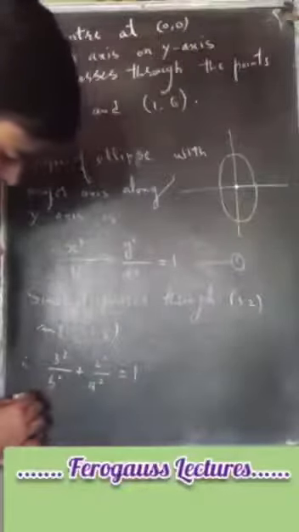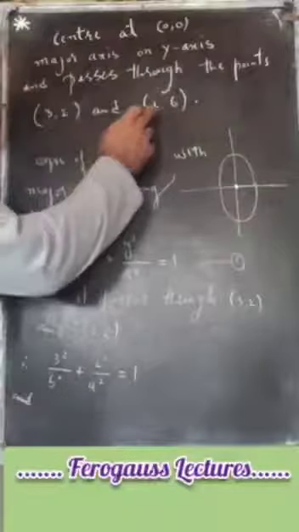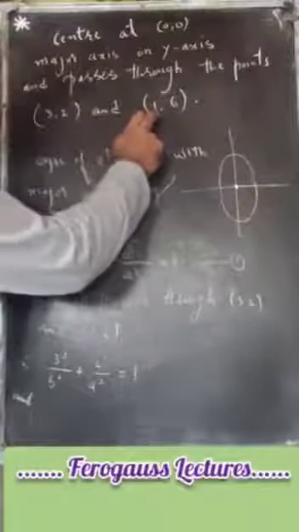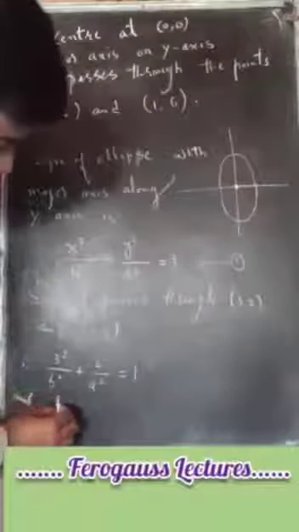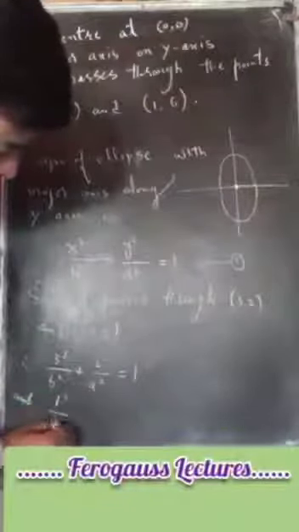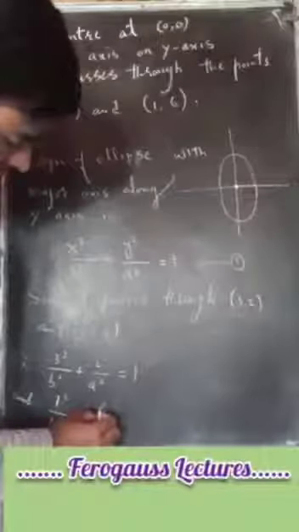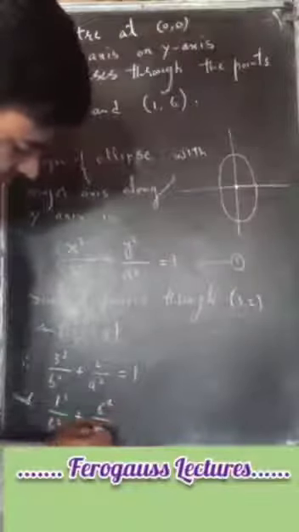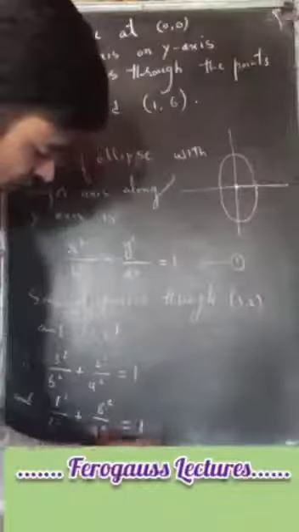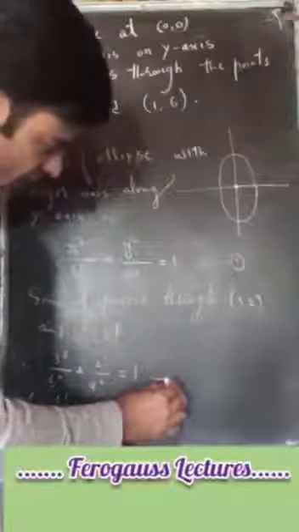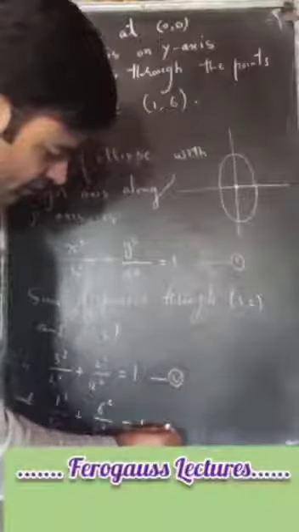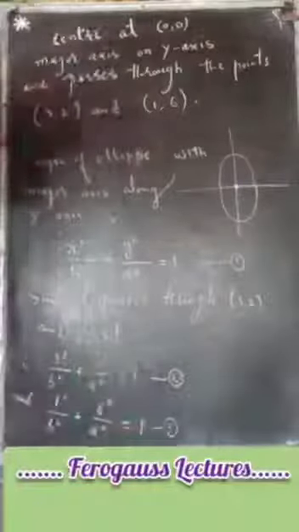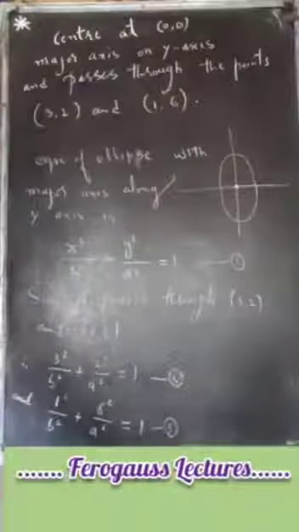And now instead of x we use 1 and instead of y we use 6 in this equation. So we get 1 square divided by b square plus 6 square divided by a square equal to 1. We name this equation second and this equation third.